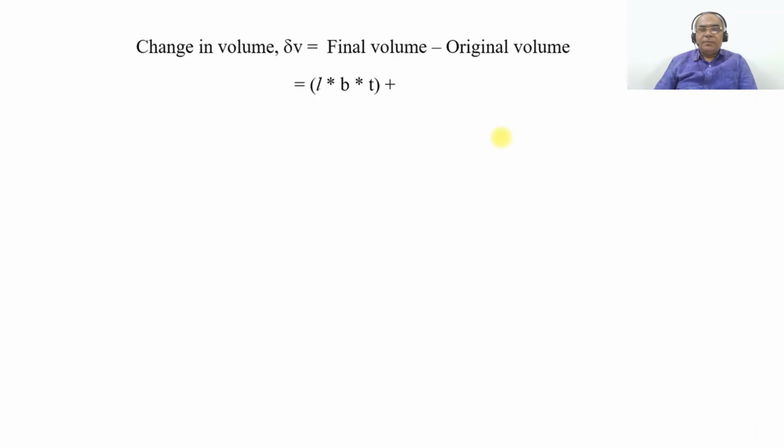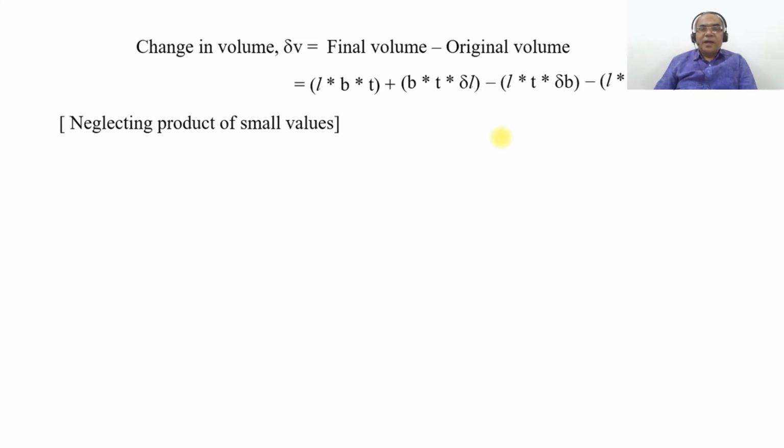Final volume is L into B into T plus B into T into delta L minus L into T into delta B minus L into B into delta T. Here we subtract L into B into T. So neglecting the product of these small values, we get the value of delta V equal to B into T into delta L minus L into T into delta B minus L into B into delta T.